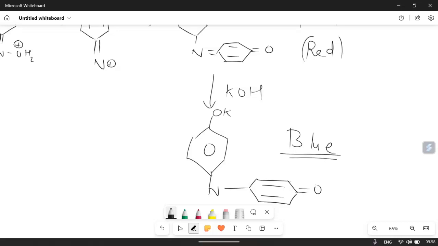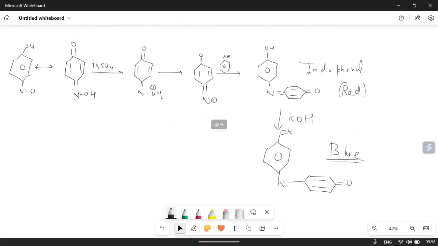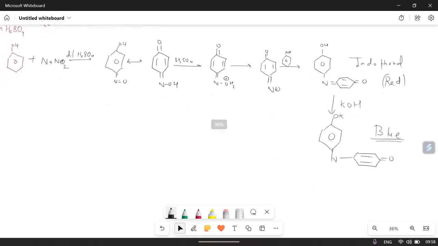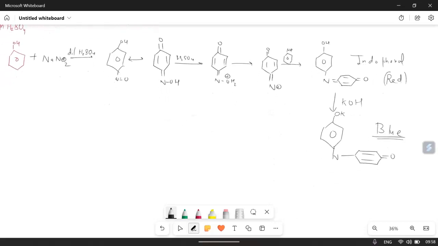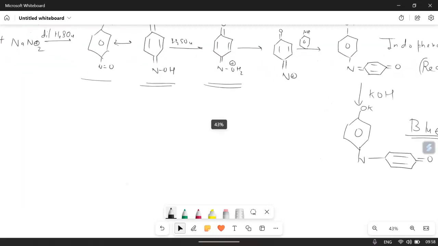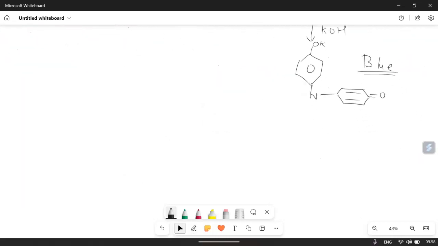This is also indophenol. So the reaction goes like that. You can write down phenol in the presence of NaNO2. This will form an intermediate, which converts into this. And when H2SO4 reacts with it, the intermediate forms, and then the phenol attacks, it will form the indophenol, which is red in color, then blue in color.